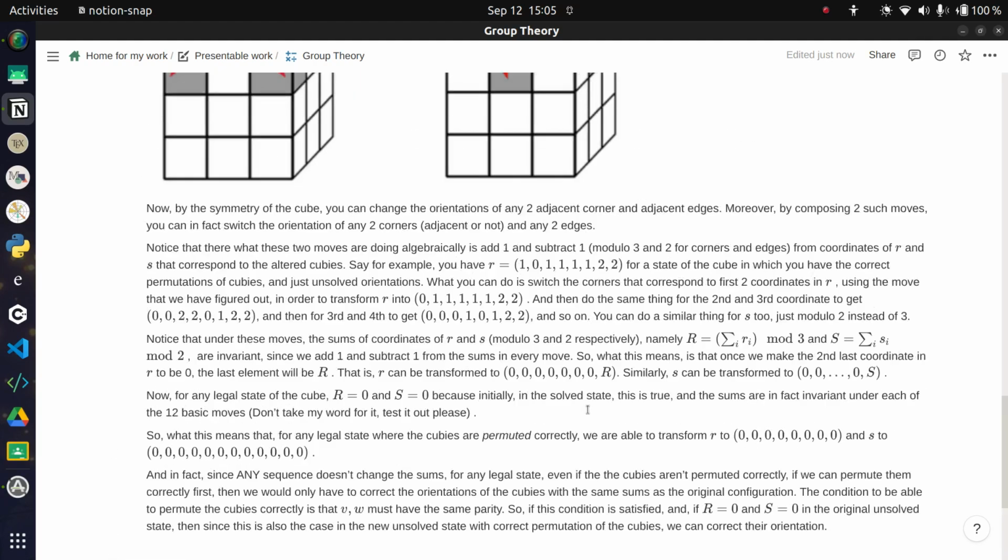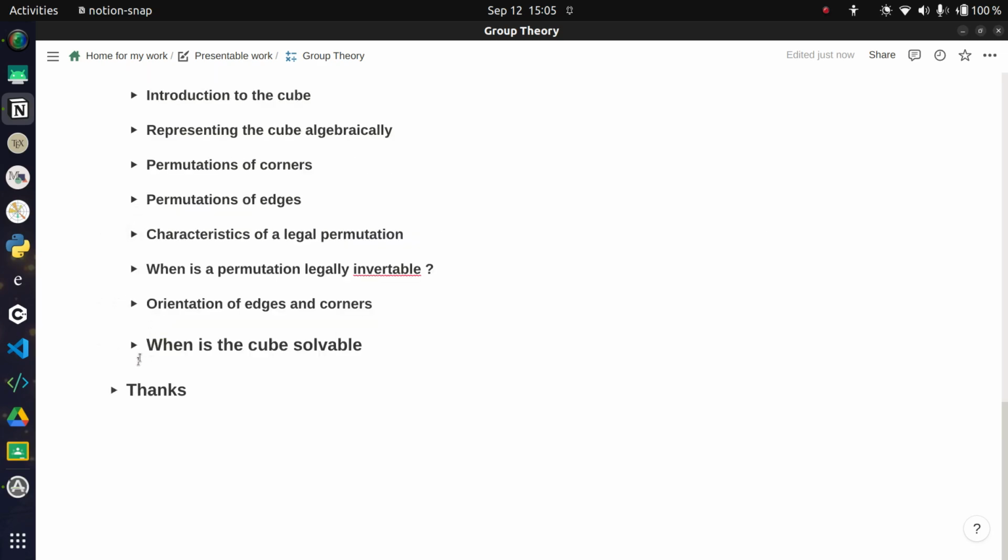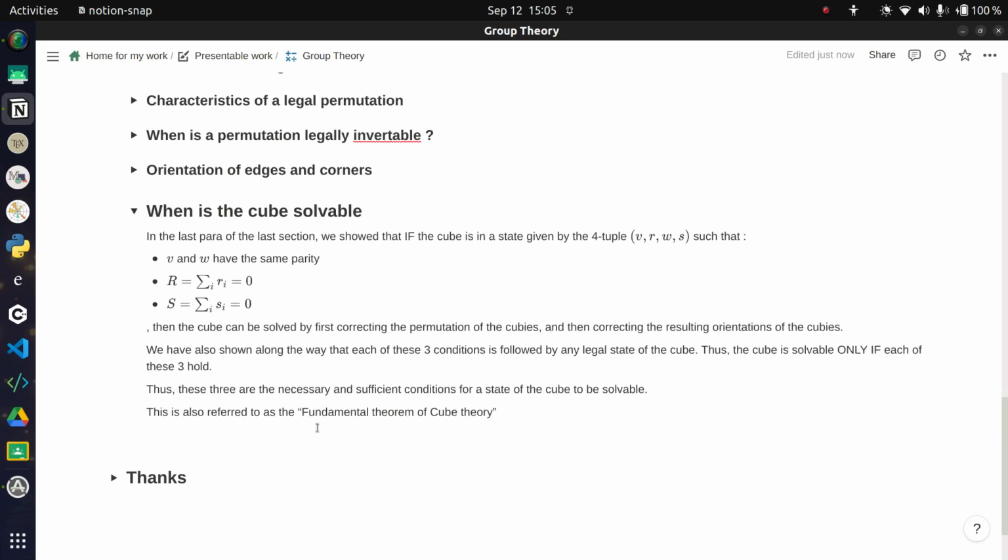And so finally, you have the full condition of the cube being solvable, and this is called the fundamental theorem of cube theory, I'm gonna call it, which is basically these three statements. So if V and W have the same parity, and this sum of coordinates is 0 modulo 3, and this sum of coordinates is 0 modulo 3.